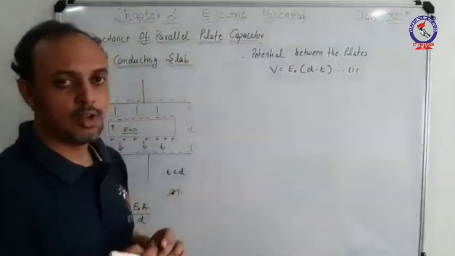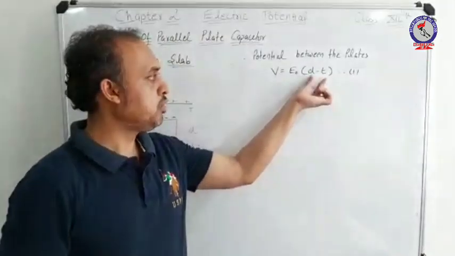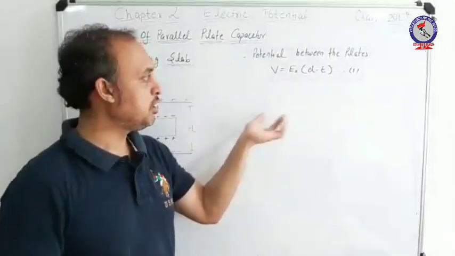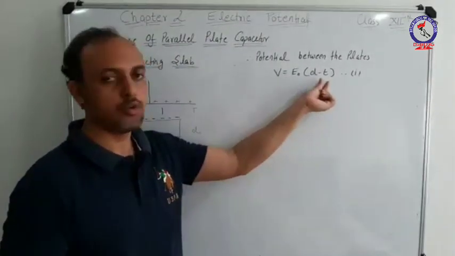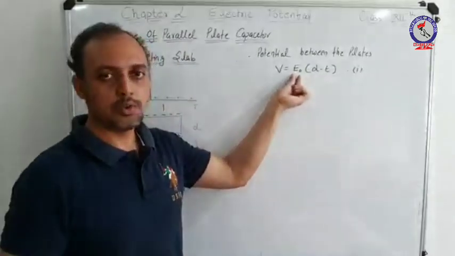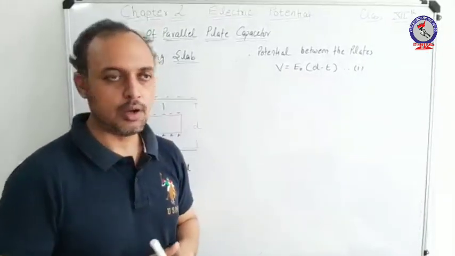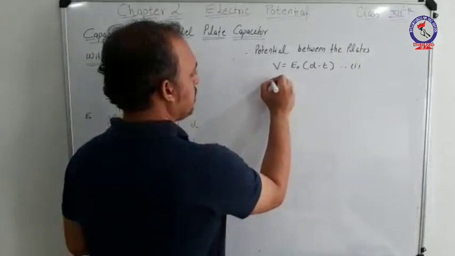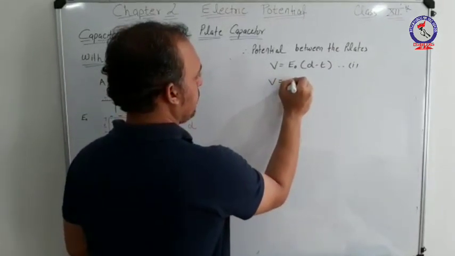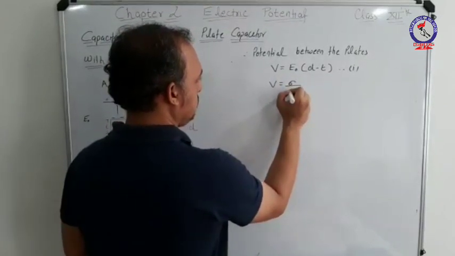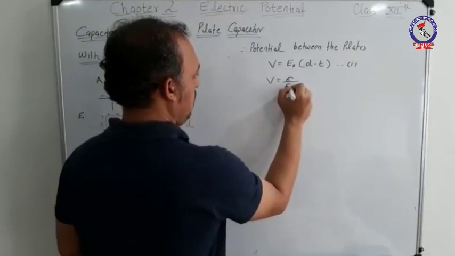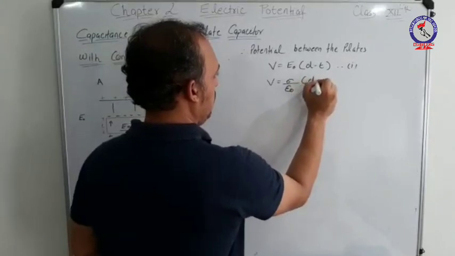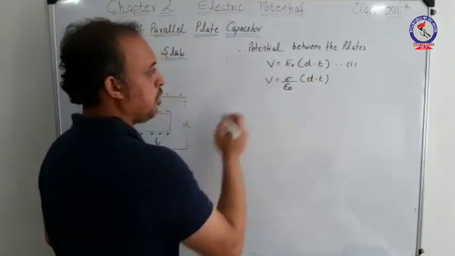As I have just said, the field exists only over the D minus T region. Its potential can be expressed as V equals E0 into D minus T. E0 represents the field between the parallel plate capacitor, which can be expressed as sigma upon epsilon 0.